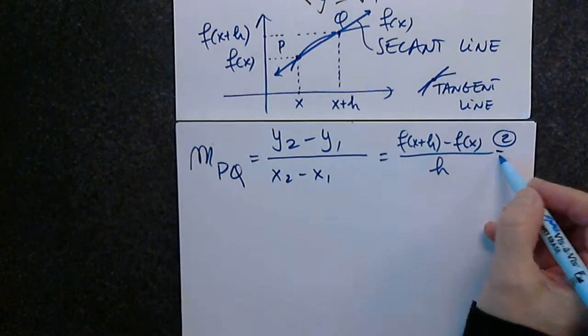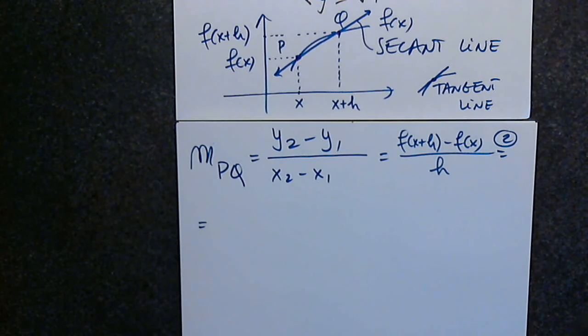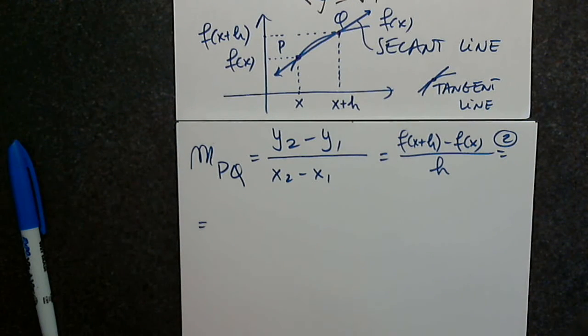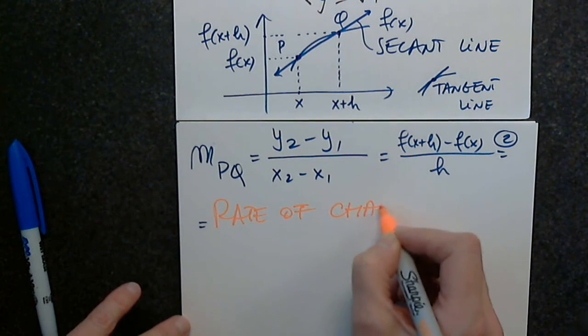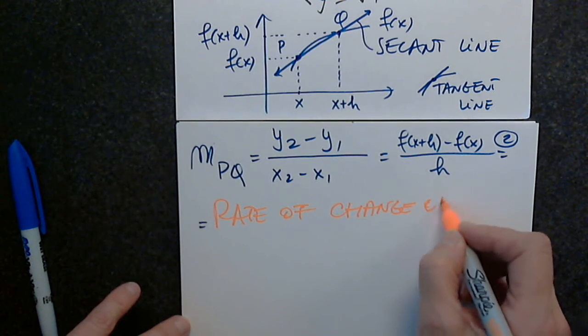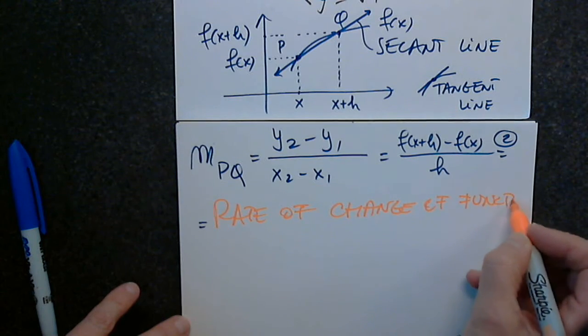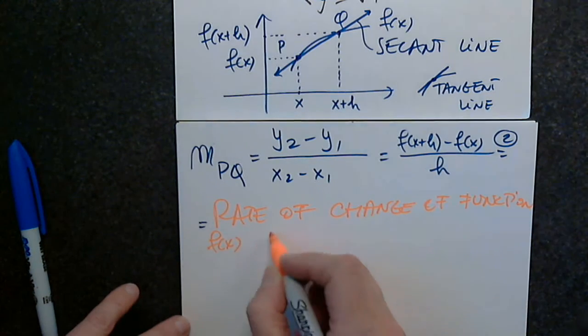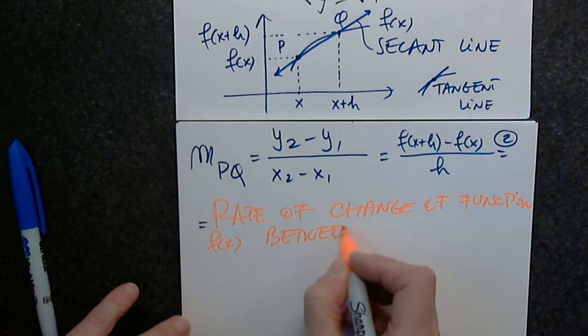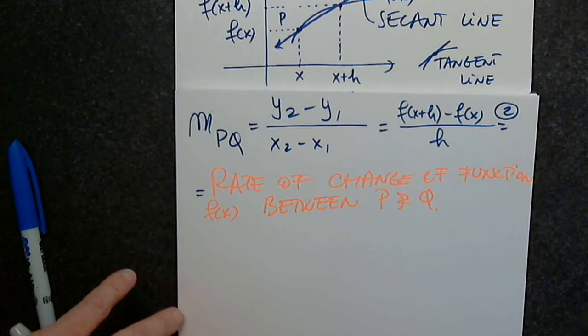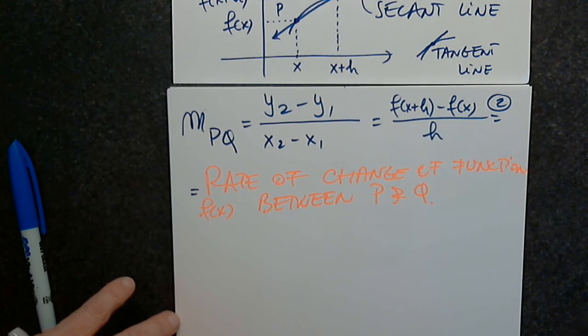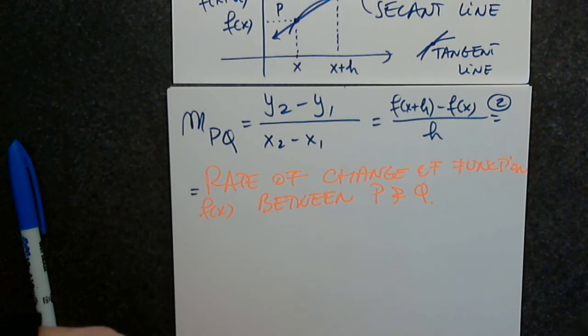What is the significance of this? Why do we calculate it? Why is it so important? My hope is that you will remember this. This is the rate of change of function f of x between P and Q. And that's what we are trying to determine.